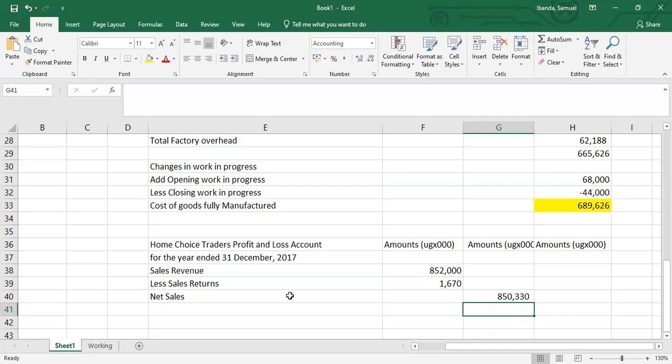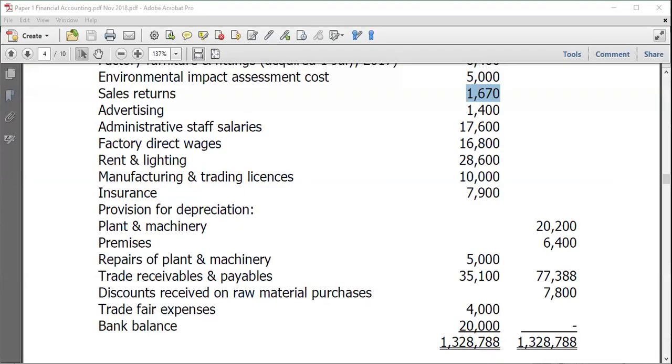So after you've gotten your net sales, the next thing that you need to go back to is to check out and see the figures that are going to help you when you're doing your cost of sales. Because we know that after sales, the next thing we're going to do is less cost of sales, okay?